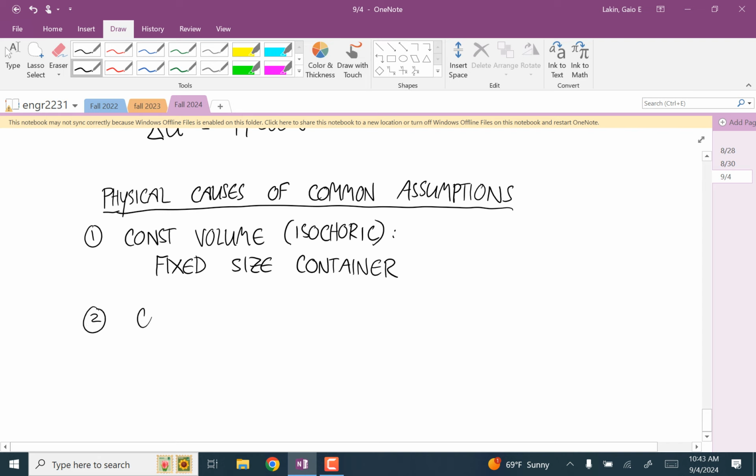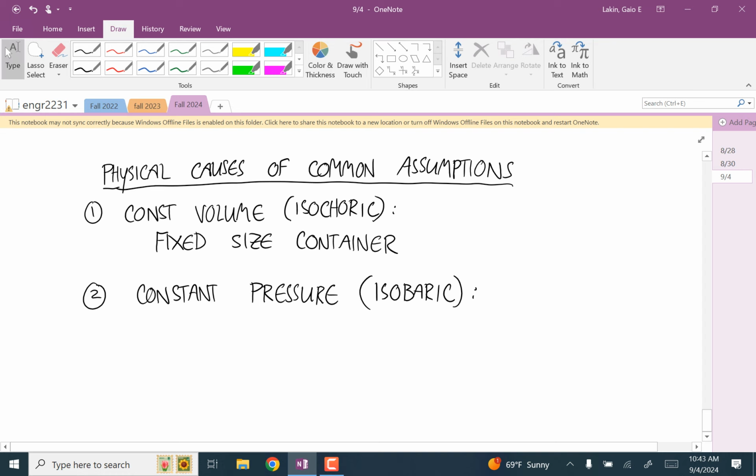Second, constant pressure. That's also called isobaric, like barometric pressure. And you do that with gas in a cylinder and a constant force is applied to the piston.